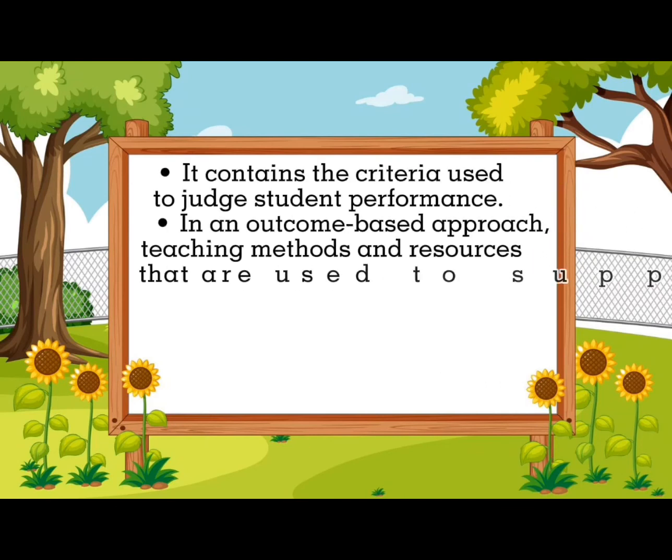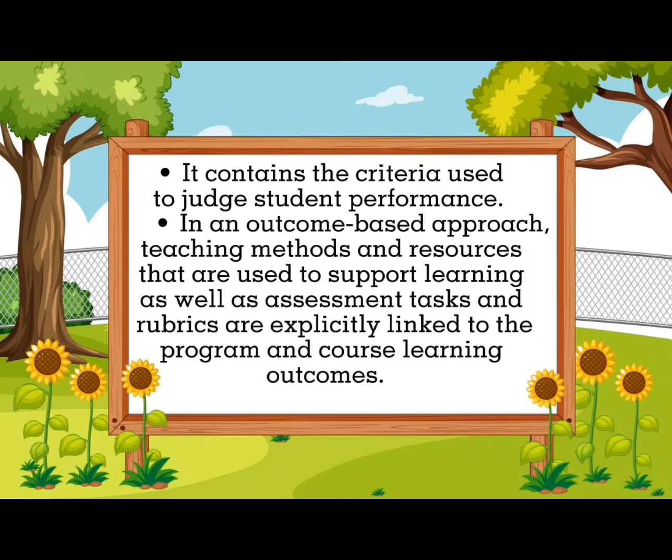Second is the contents, the criteria used to judge student performance. The third is that in an outcome-based approach, teaching methods and resources that are used to support learning as well as assessment tasks and rubrics are implicitly linked to the program and course learning outcomes. Based on the rubrics shown, we can see the teacher's teaching method and which part the students did not understand well.